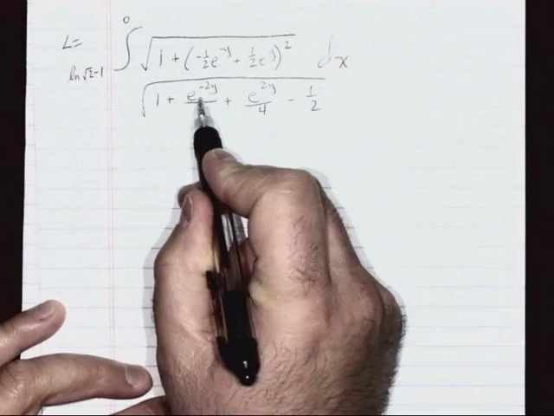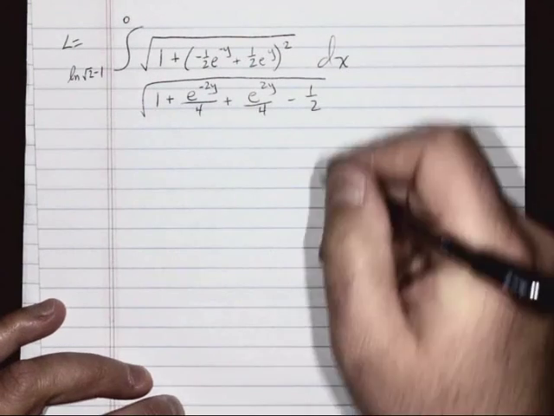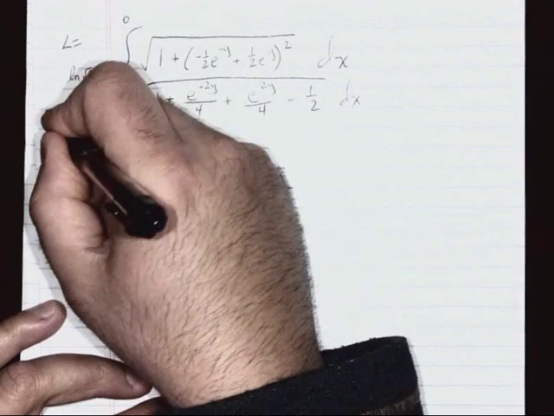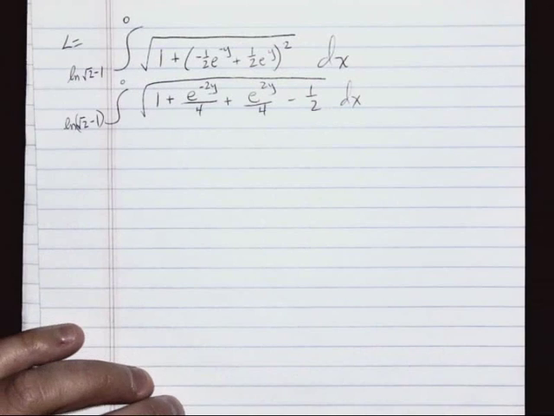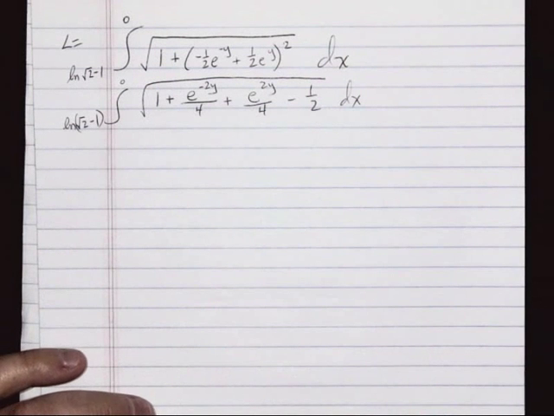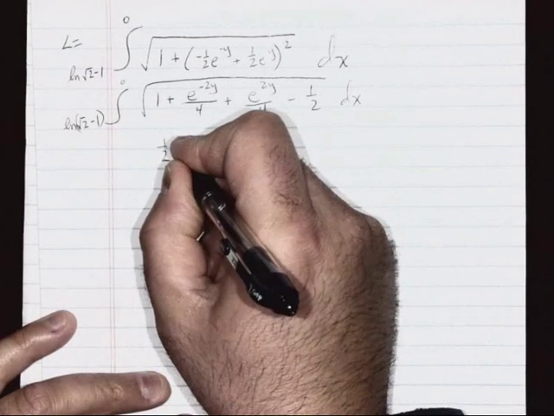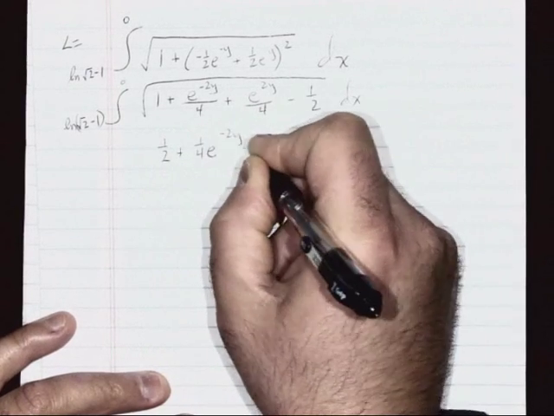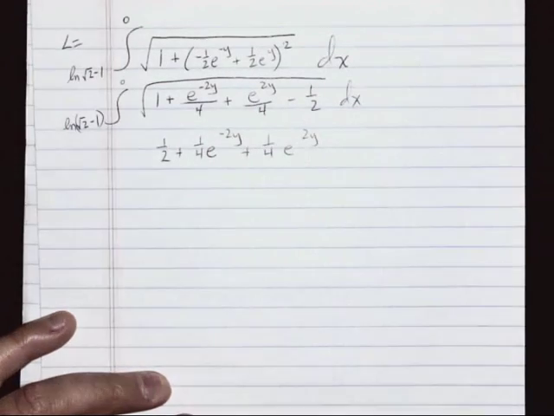Well, this is what we get when we square it, this part. Obviously that 1's already there. Okay, so now we can combine the 1 and the minus a half to get 1/2 plus 1/4 e to the negative 2y plus 1/4 e to the 2y.